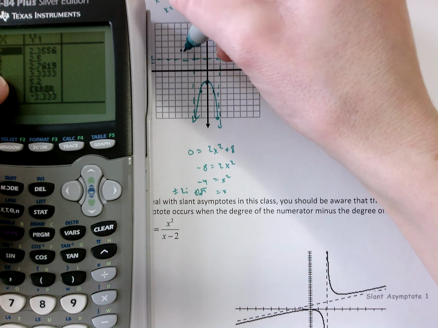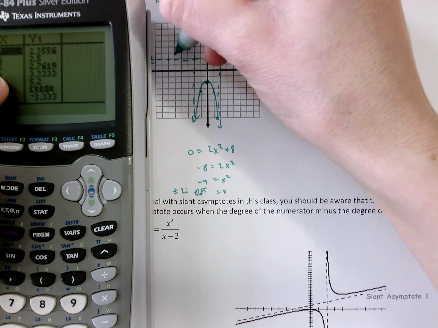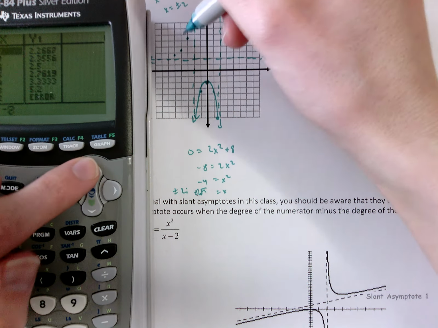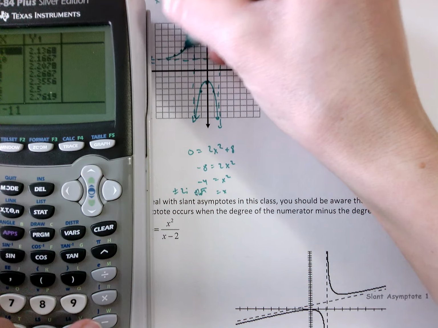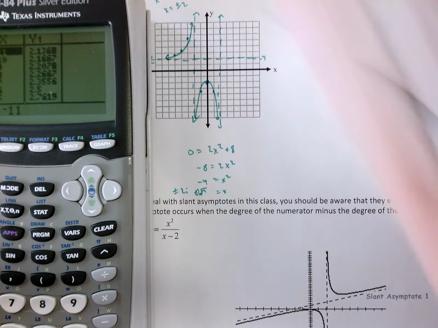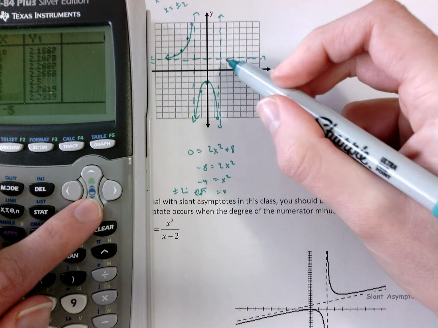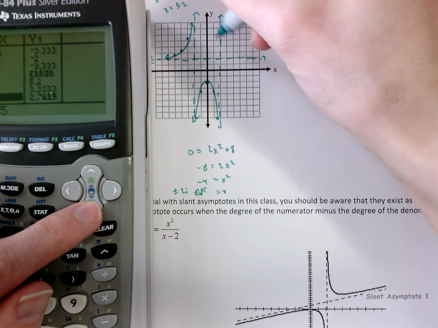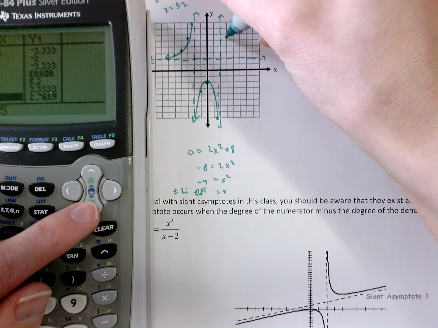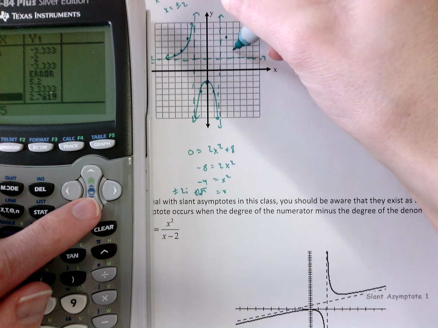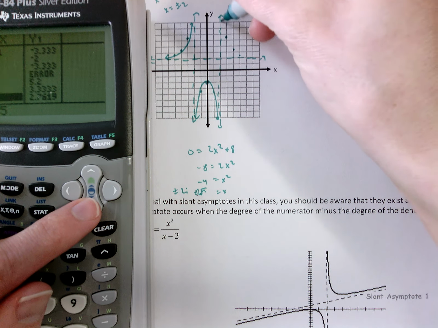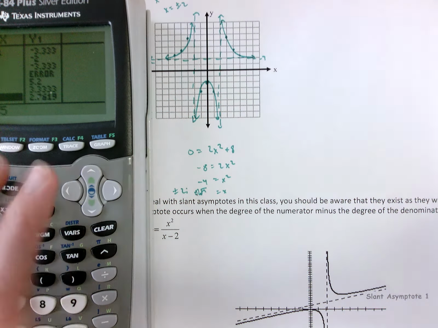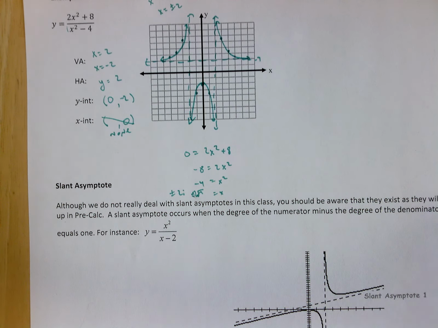At -5, I'm just below 3, right? And then from there, that's where I'm approaching my asymptote. So that's it. Okay, and then over on this side, I'm again just skimming down to where those errors are. And we're going to notice that it's pretty symmetrical, right? So I can sort of mirror those points over, and there's my graph. Okay, so we're using our calculator to help us out here.